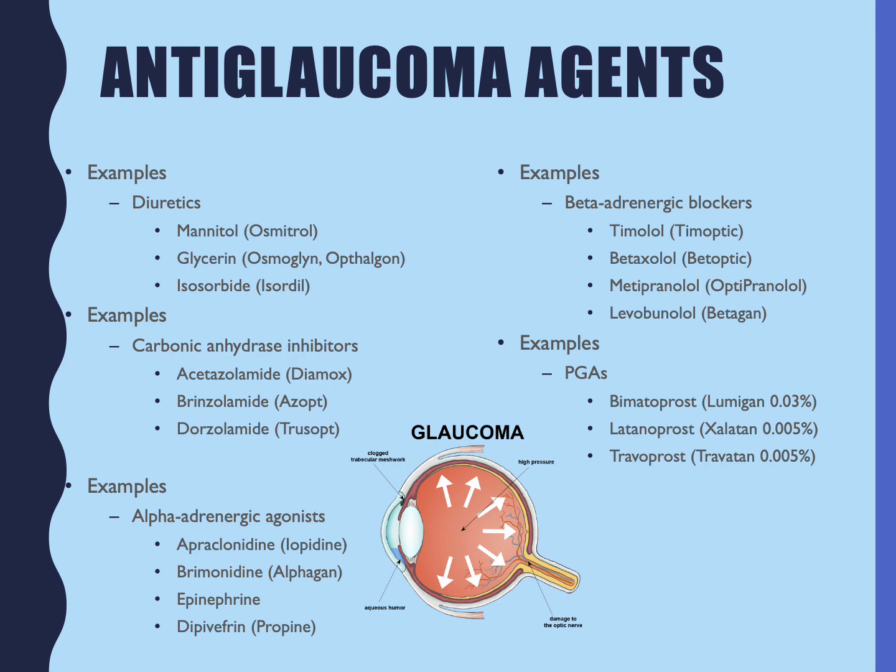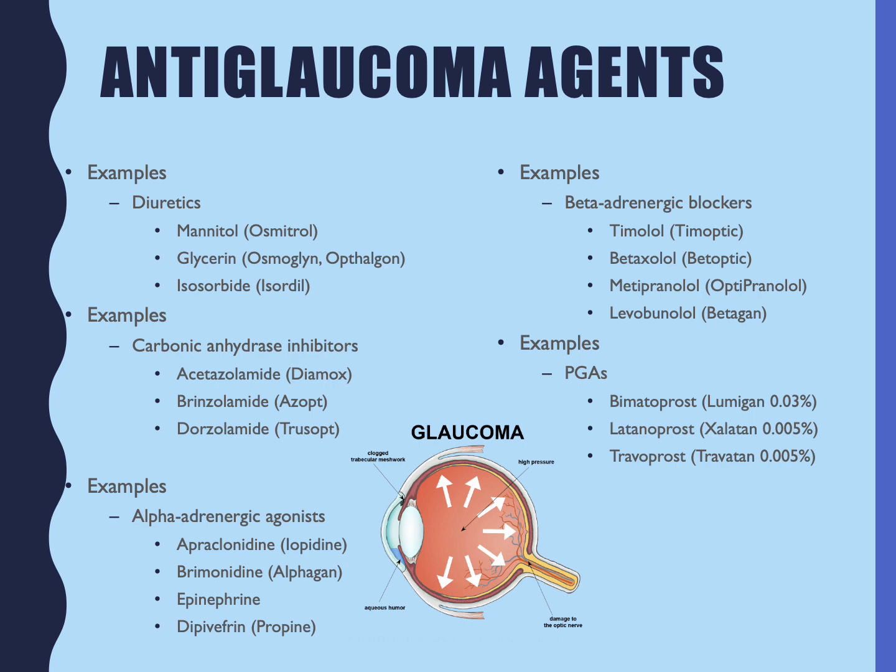Anytime you see something that ends in the ending A, S, E, that is typically going to clue you in that it is an enzyme. Okay, so carbonic anhydrase is an enzyme that catalyzes the secretion of aqueous humor. So it tells the ciliary processes to make aqueous humor.